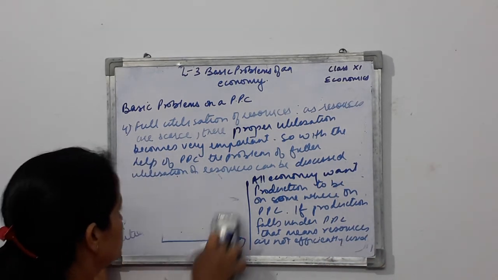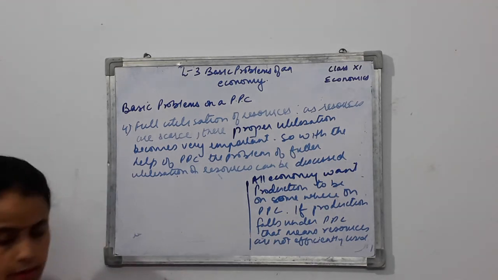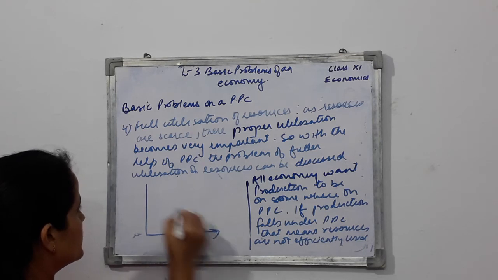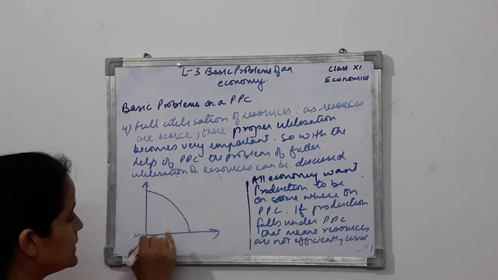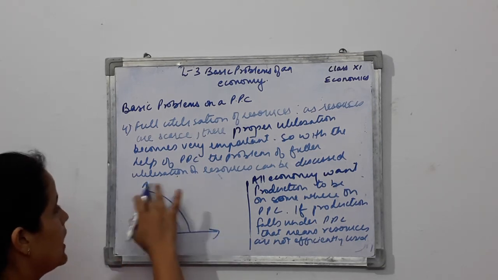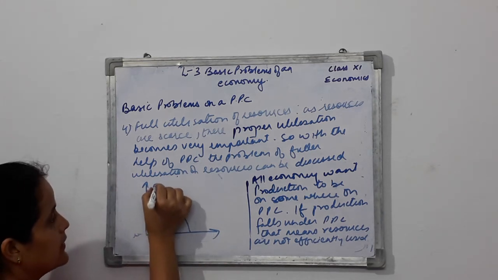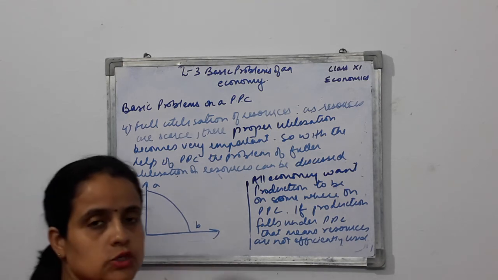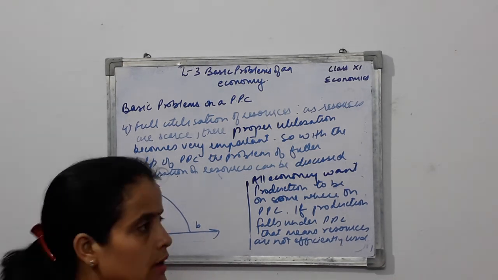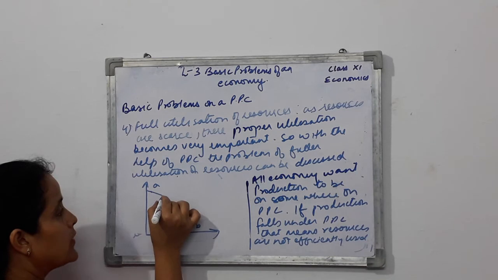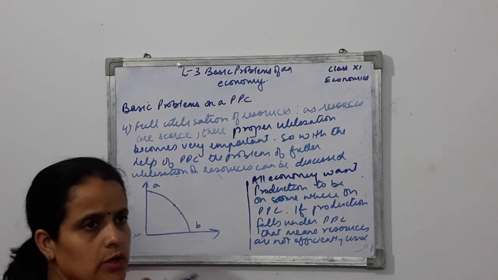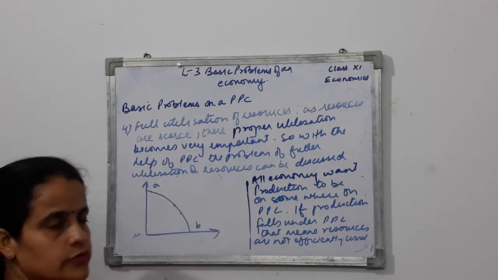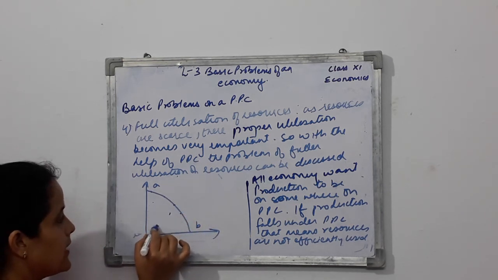I'll explain it to you. Suppose this is the production possibility curve. This is the maximum production possibility that a country has, AB. AB is the maximum possibility. So what you as a producer want is to produce somewhere on the PPC. You want the best production, the maximum production. That is AB. AB is the limit. If you are not using your resources properly, then you will fall somewhere here, here, here, or here.